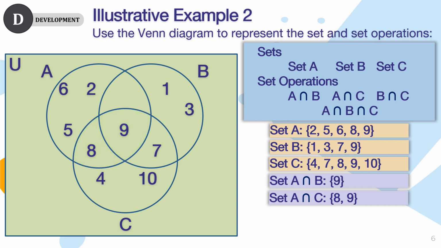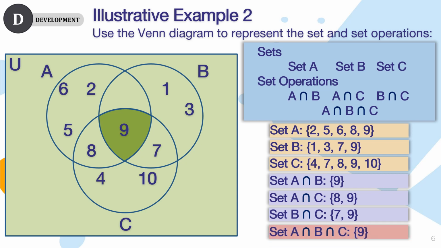Lastly, we have the intersection of B and C located here with elements 7 and 9. And of course, the intersection of A, B, and C, which is located in the middle of the three circles, we have the element 9.